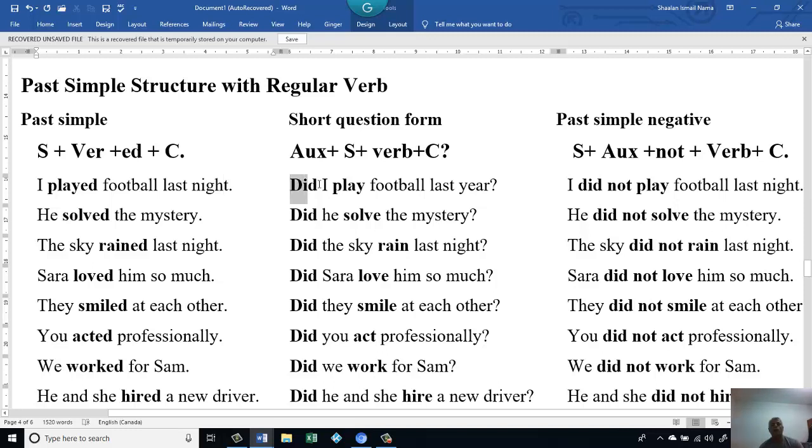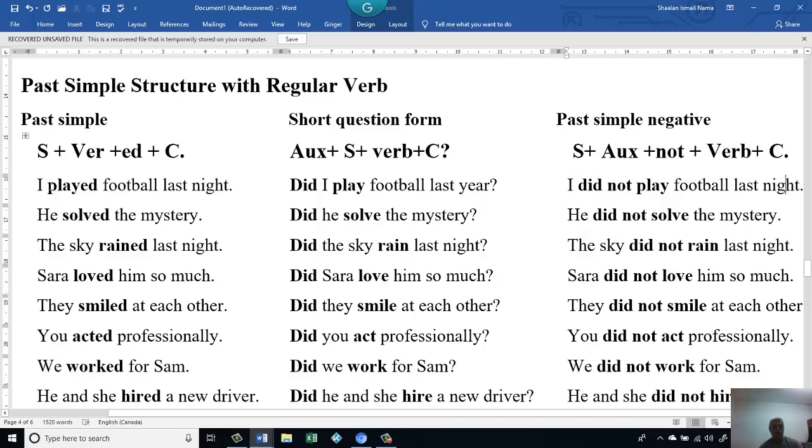That's the reason we took did here. We put it in front of the subject, then we say, did I play football last night? Then you can say yes I did or no I did not. Then to make it negative, we're going to say I did not play football last night.